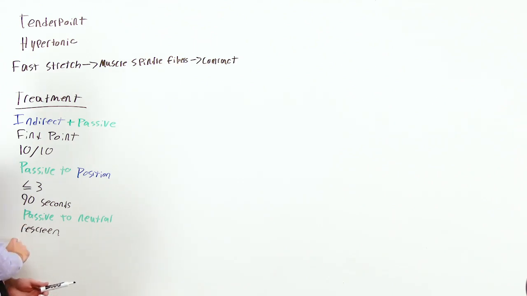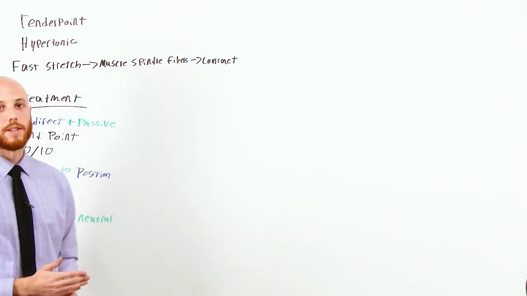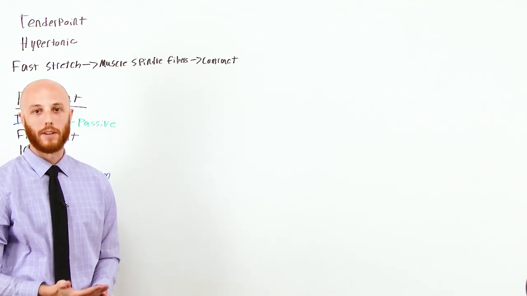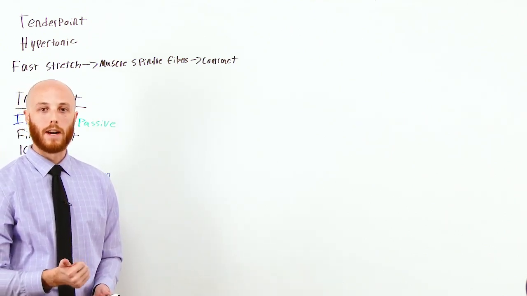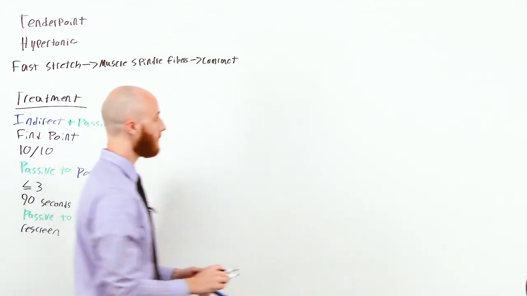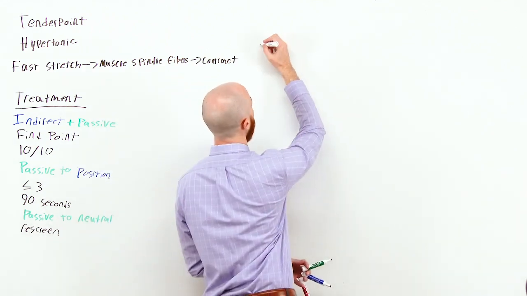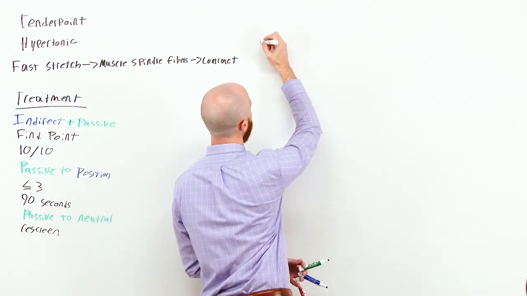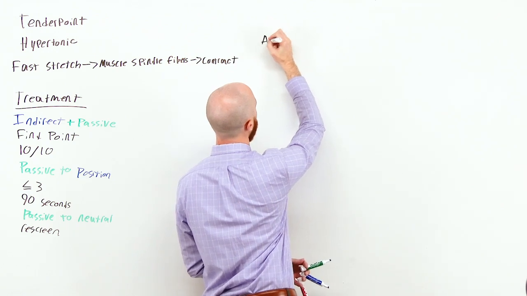So now that you know the steps to treatment, we're going to go over some of the high yield points for you to know in the cervical spine, thoracic, lumbar, and ribs. So you have anterior and posterior points.